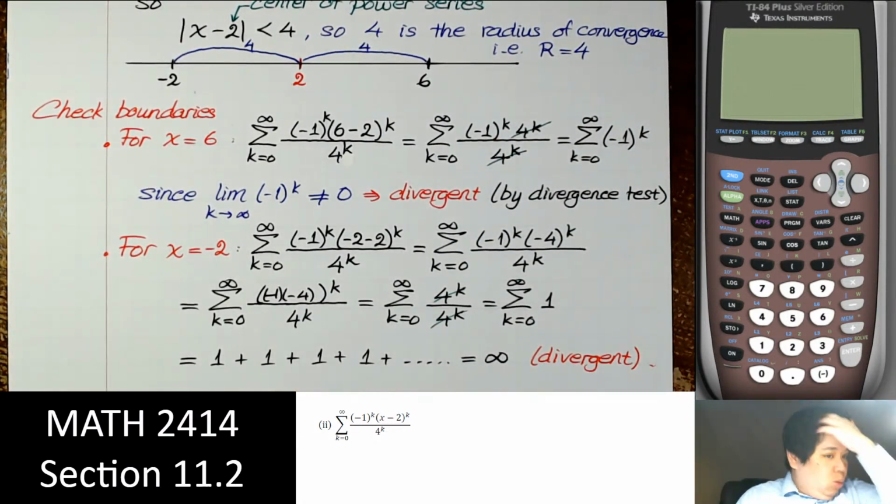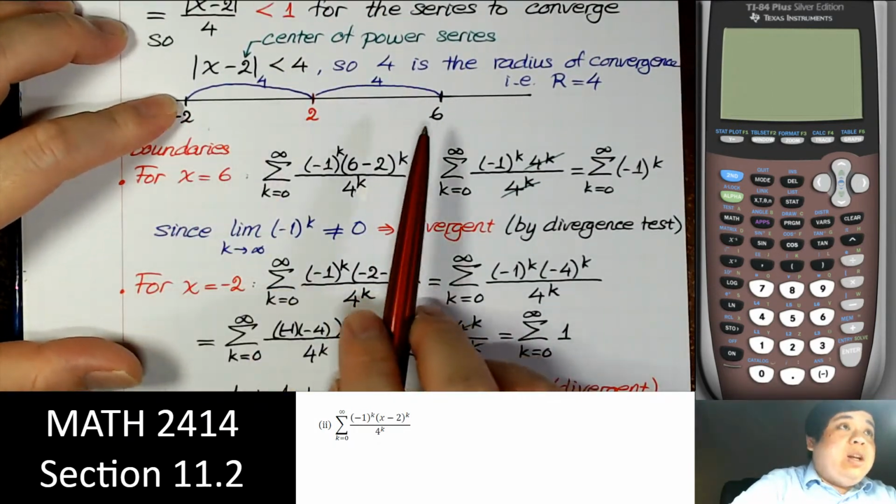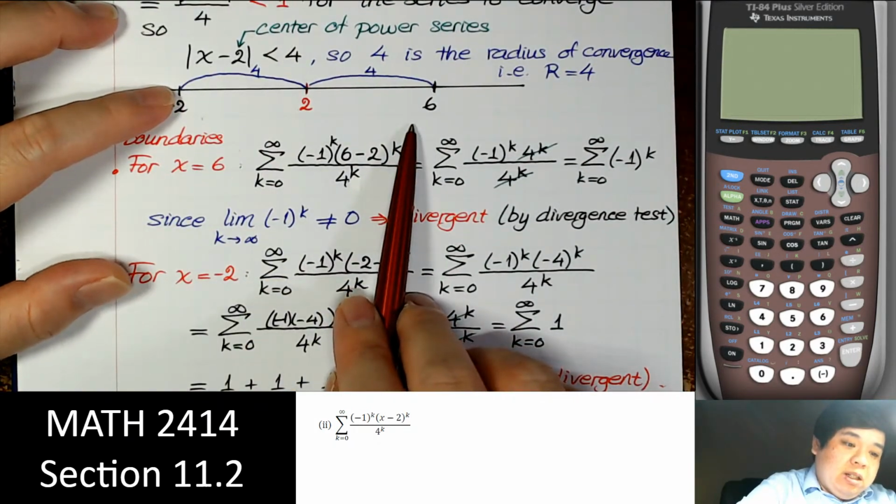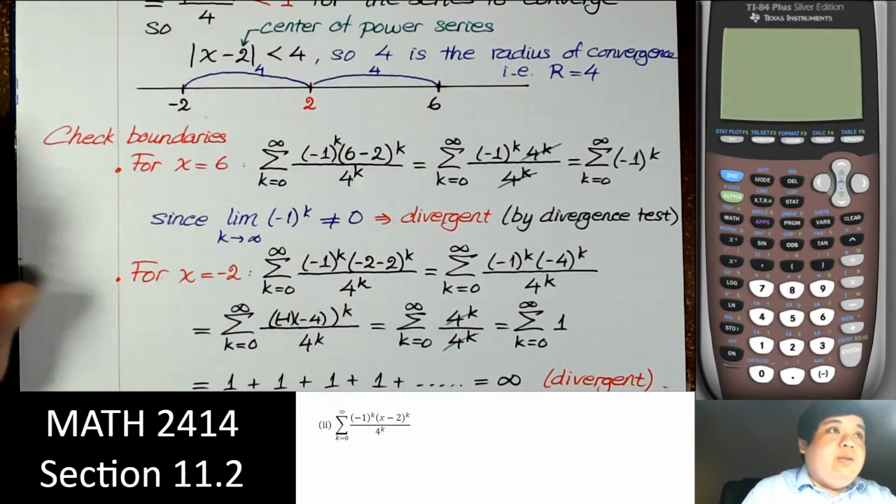So what we have is between -2 and 6 convergent, at the boundary divergence.